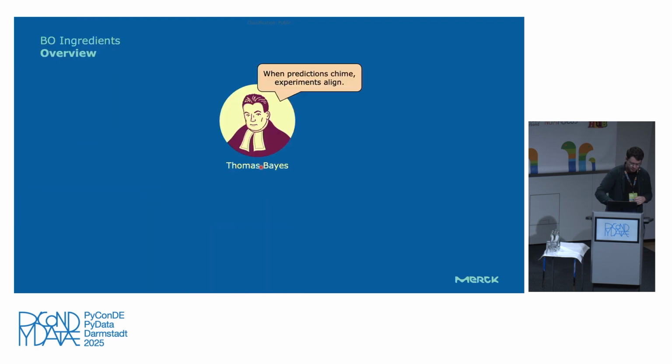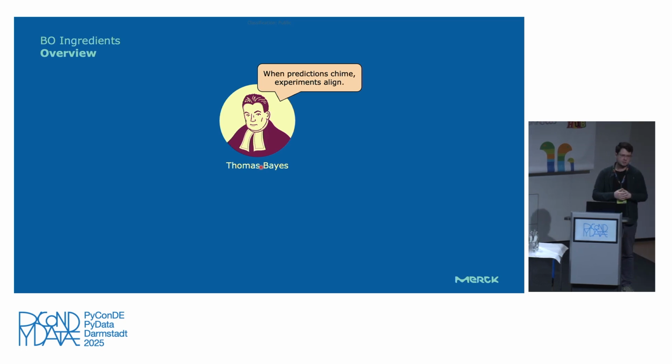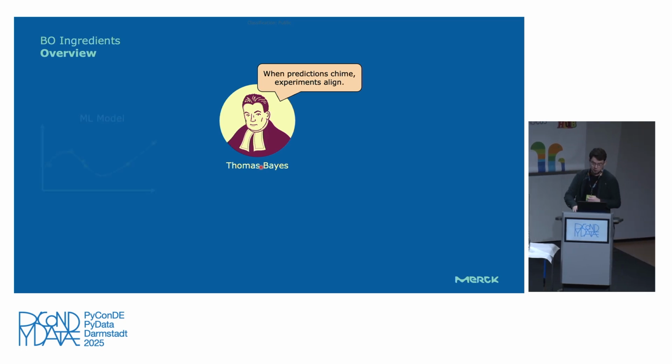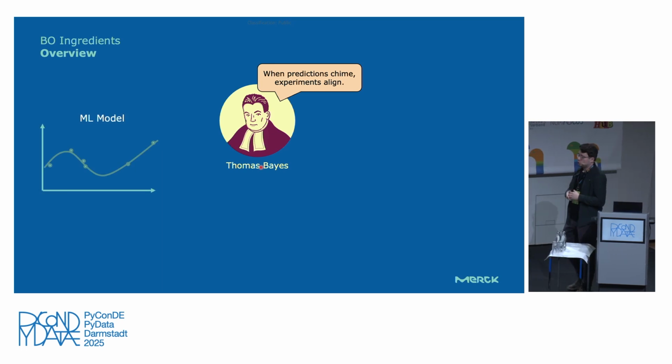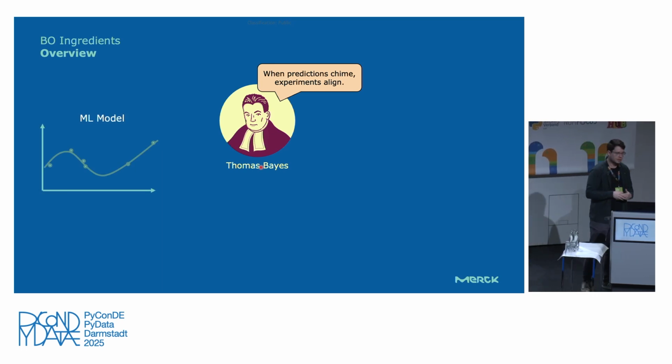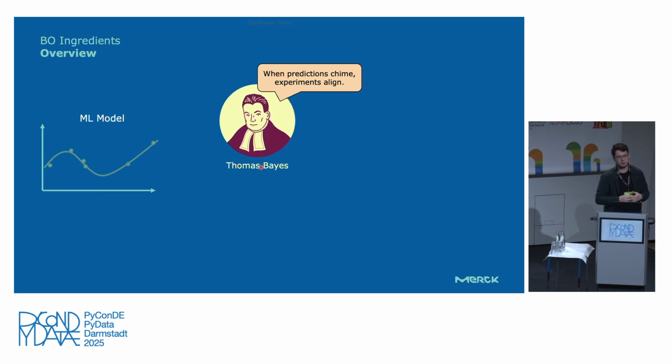So let's very, very quickly go into the basics here, so everyone is on the same page. I tend to think about Bayesian optimization as two important ingredients that are merged in a third ingredient. The first ingredient is that we will use a machine learning model. Even if we are in the low to no data regime, we will use a machine learning model.